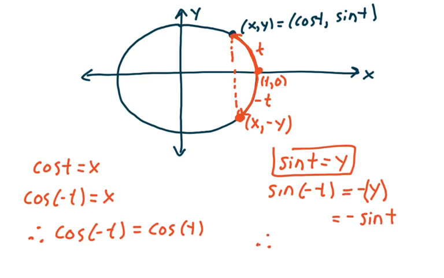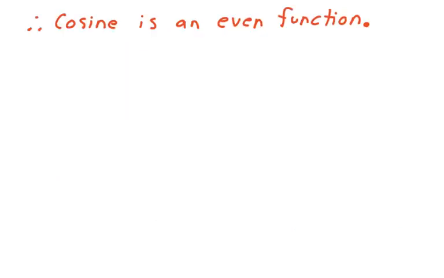And so what that tells me is that sine of negative t is negative sine t. And again, I claim it doesn't matter what t is. This is going to hold true. And what that says is, let's go back, that says that sine is an odd function.